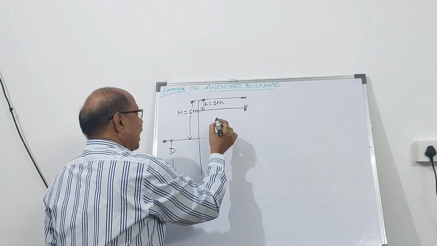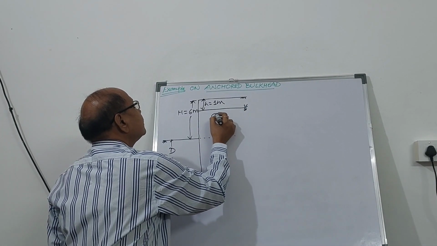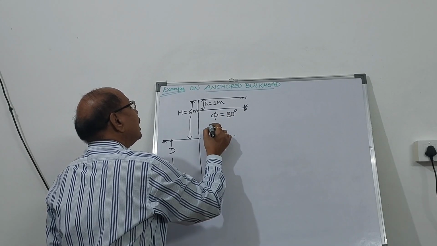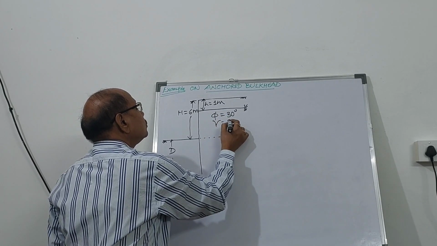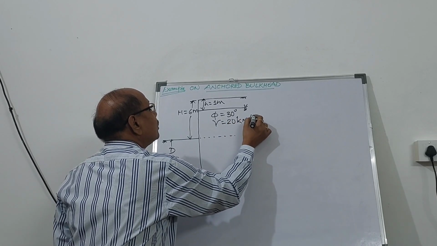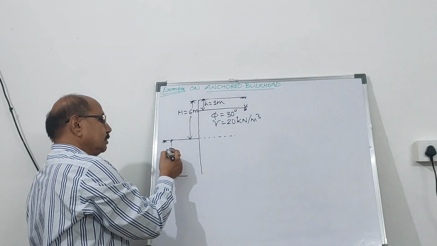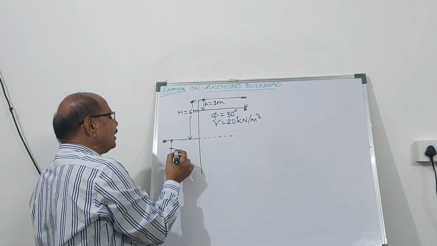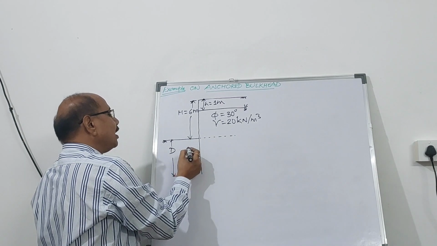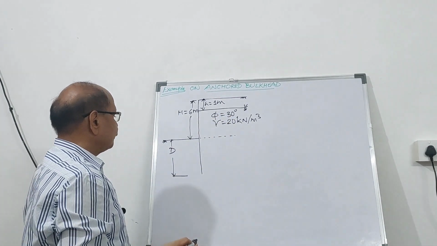The properties of the backfill is phi 30 degree and gamma equal to 20 kilonewton per meter cube. And below the dredge line, the properties of the soil is same as the properties of the backfill.